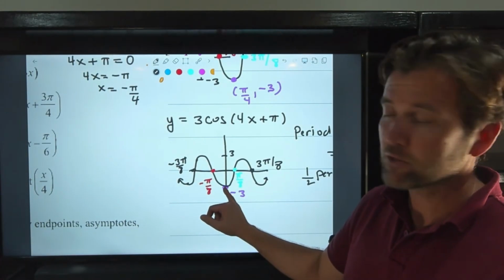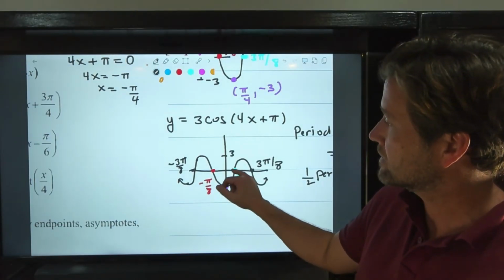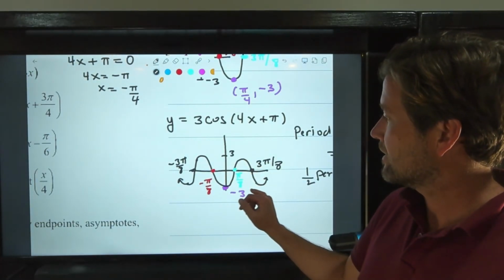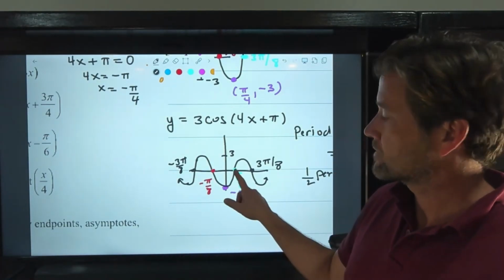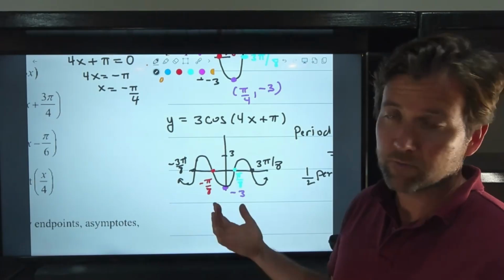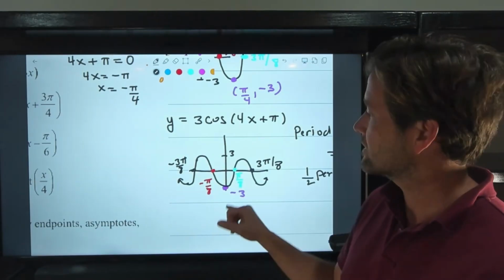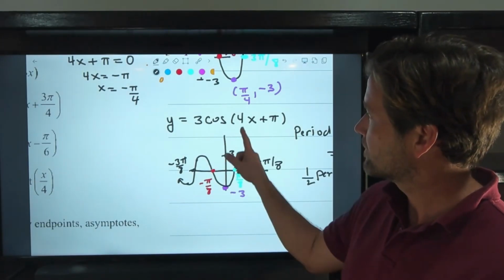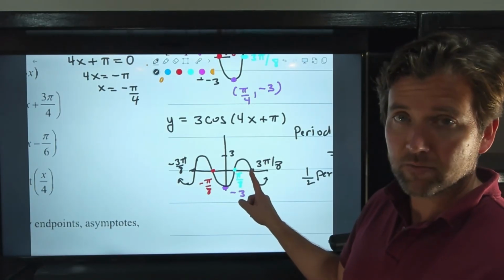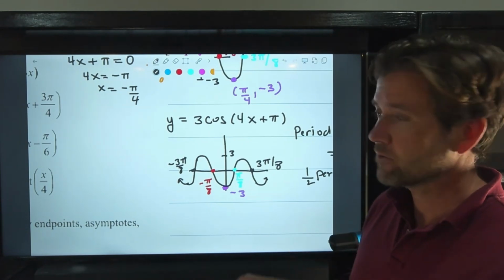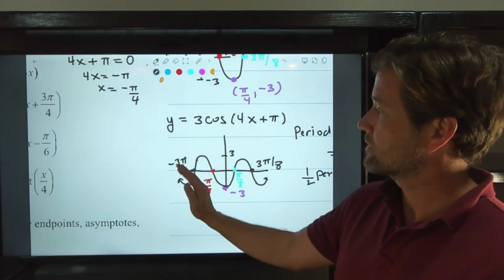And so just like the previous problem, the graph has to increase initially from the right and then go back down, and we can sketch the curve. Now this x-intercept for cosine, because it looks like the cosine function with the reflection across the x-axis, is normally pi over 2, divided by 4 is pi over 8. This x-intercept is normally 3 pi over 2, divided by 4 is 3 pi over 8. And these are just symmetric to the y-axis.